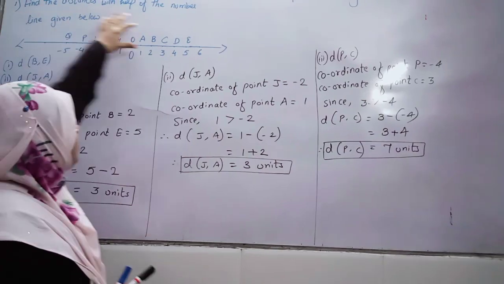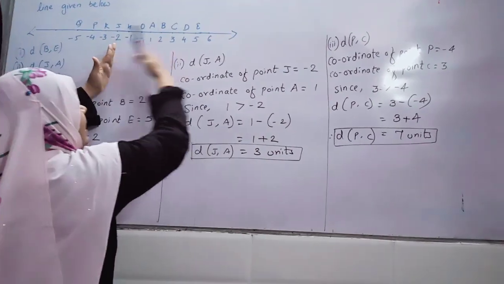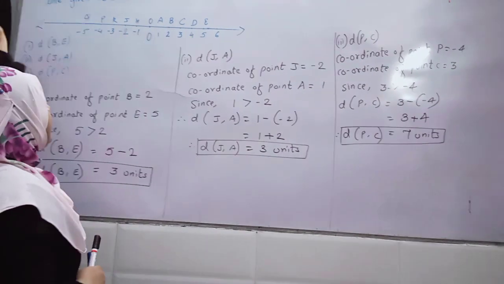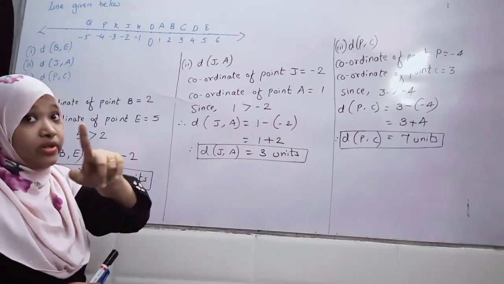It is an integer number line where the right side has all the positive numbers and the left side has negative numbers. You know that very well.